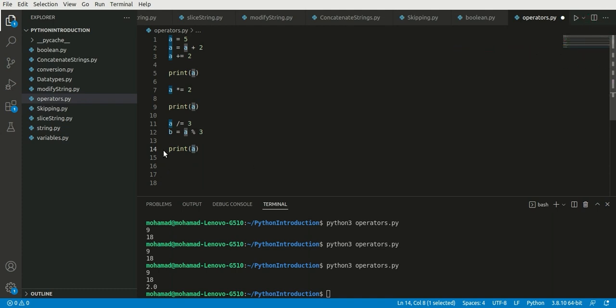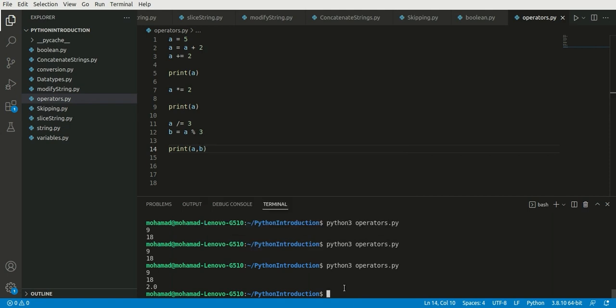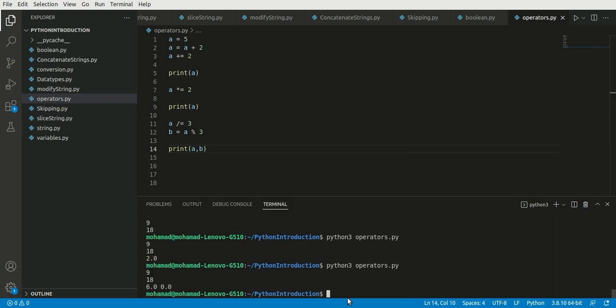So let's here print A and B, and let's save the code and run it. And here, as you can see, we have 6 and 0 as the result of this division.